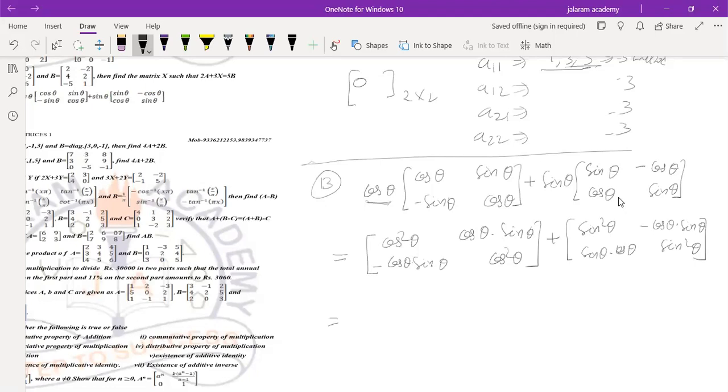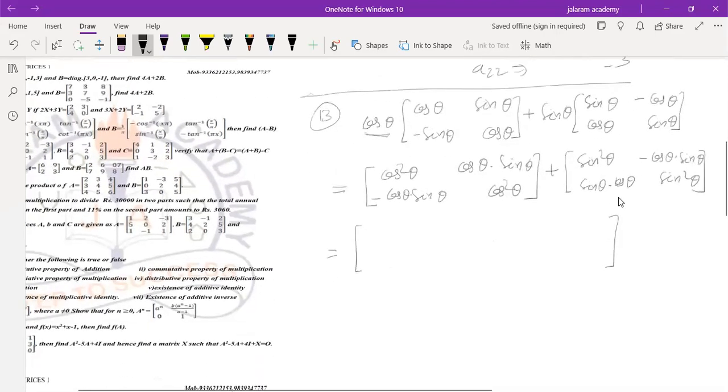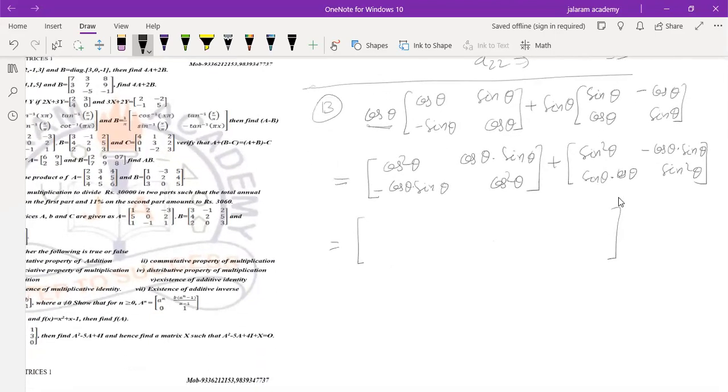Now, what is the method of addition? We must add element to element.